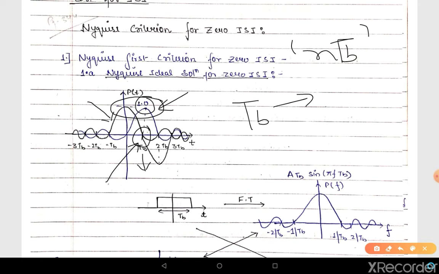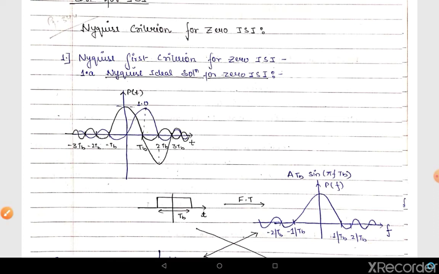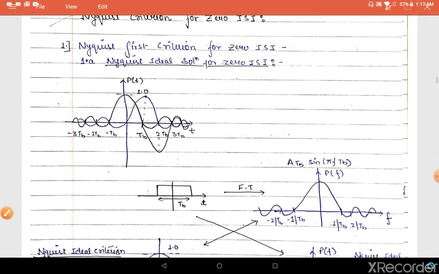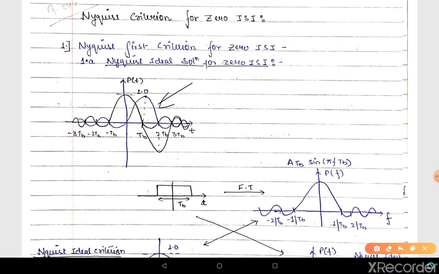So if I sample at this particular instant, then I have the effect of only the second pulse. The effect of the first pulse is 0. Similarly, if I sample here, then the effect of the second pulse on the first pulse is 0.